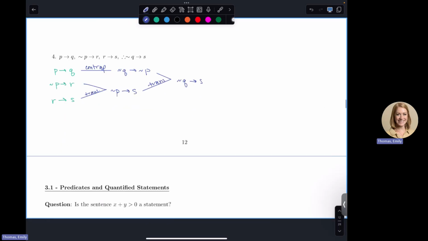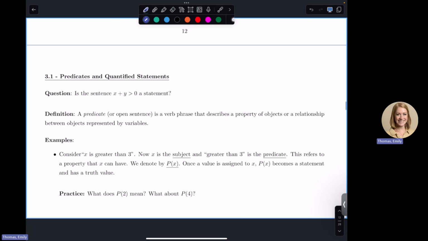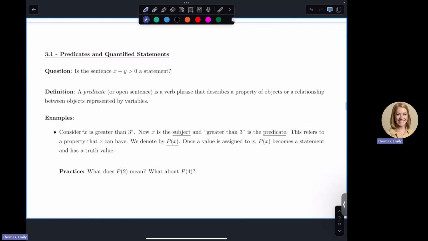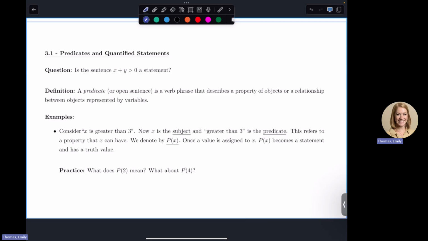Going on to section 3.1. We can do a lot of things and we're doing really good. Is the sentence x plus y is greater than 0 a statement? Remember, a statement is something that is either true or false. Not yet is the answer.